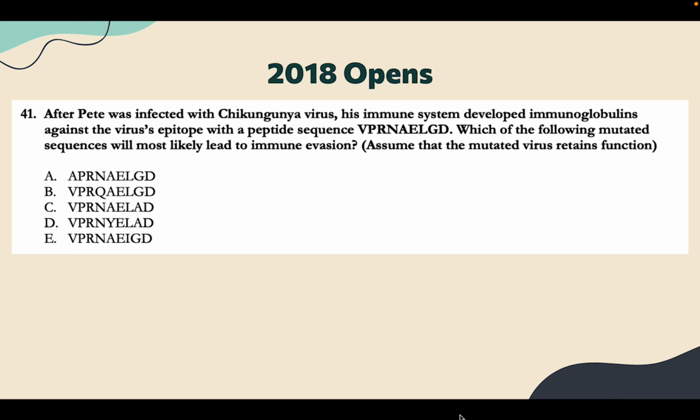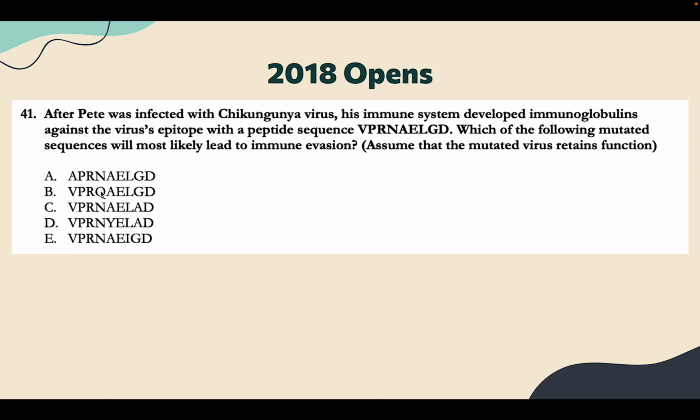Alright, so now another one from 2018 opens. This question, we're going to do it in a way that's pretty similar to the previous one. We're going to try to find the amino acid sequence that's the most different from the one they gave us. So starting with the first amino acid, A has alanine, the other ones have valine. Alanine and valine are both nonpolar, so that's not going to make a big difference.